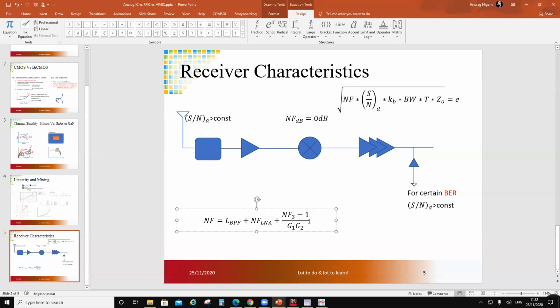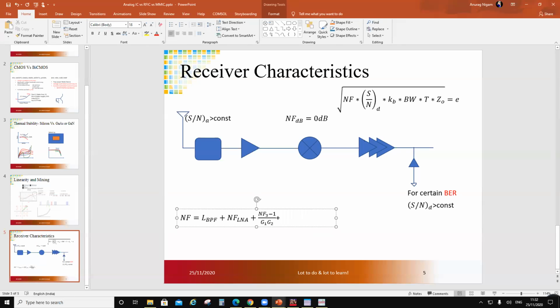And then what about the second one? The second one is going to have only G1 in front of it. And then after the second one, you have a mixer.